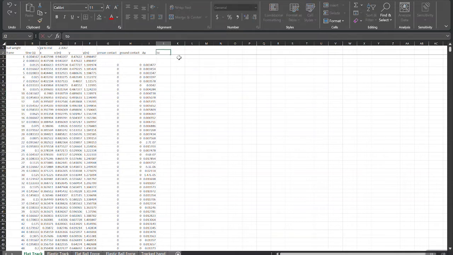The total delta y is just going to be the absolute of this right here, and then on the second one we're going to say equals this plus the one above it, right? The J5.